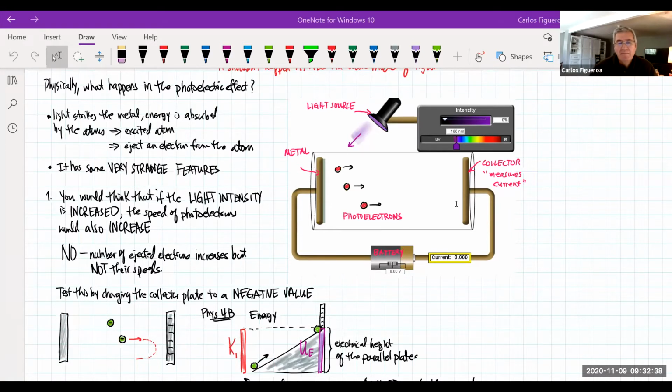So what you're finding here is that when we think of light shining on metal, to be honest here, what you found is that people didn't believe in atoms when this experiment was done. So when I make the statement, light strikes the metal, energy is absorbed by the atoms, they get excited, and then they eject an electron from the atom.